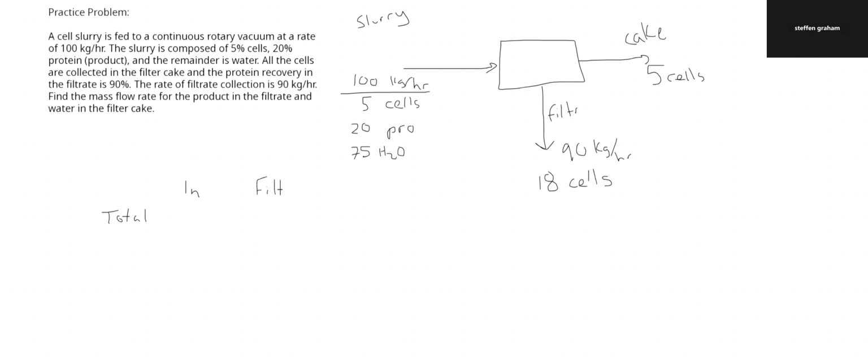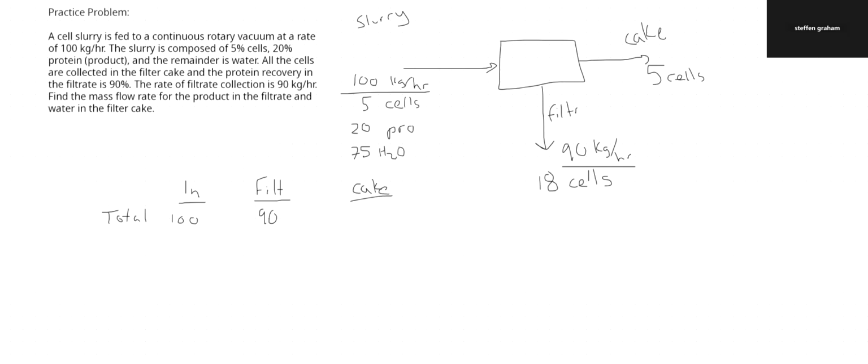And then you also have your filter cake stream. So if you're doing your total mass balance, we have 100 in. We were told that there was 90 kilograms per hour going out in the filtrate.